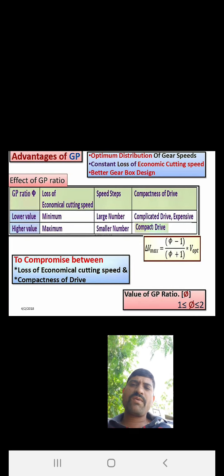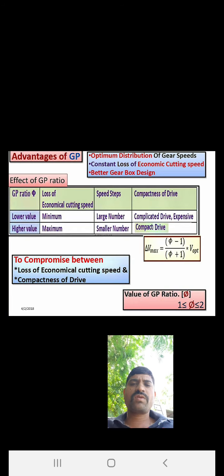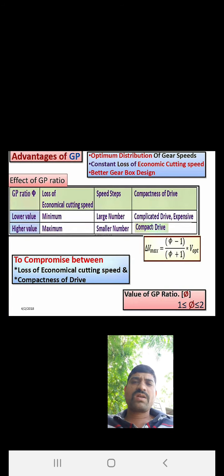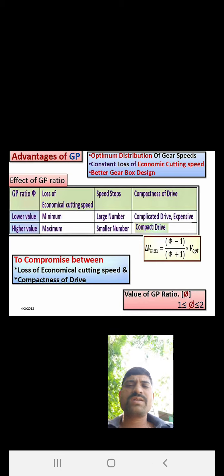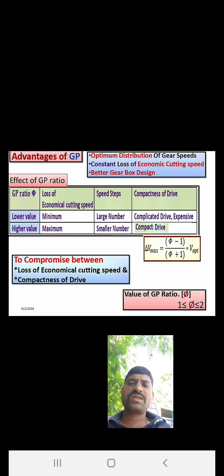We will see the advantages. First, optimum distribution of the gear speed. Then constant loss of economic cutting speed, and the third advantage is a better gearbox design feature.